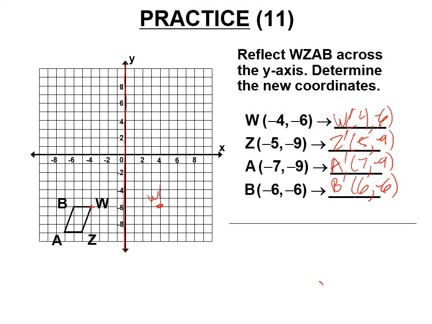So this is W prime. B is at -6, then we're going to be at +6. Z is at -5, it's going to be at +5. So here's Z prime, here's B prime. I'm intentionally doing some parallelograms because they tend to be the trickier ones. If you flip WZAB, that's what it will look like on the other side of Y.